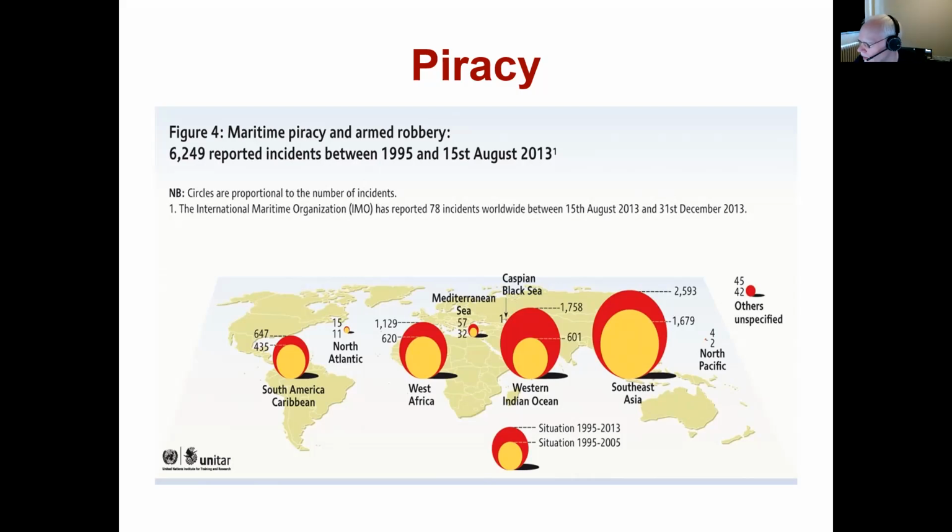So we see that there's continued growth in that period. In certain areas of the world, there's been actually a lot more in the later stages. And we see that particularly in the Western Indian Ocean, where, from 2005 to 2013, the red extension, there's been a large growth.